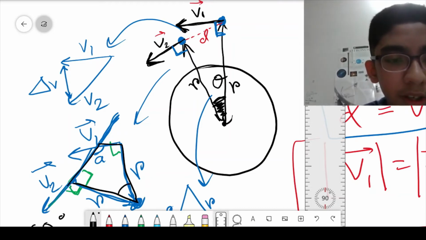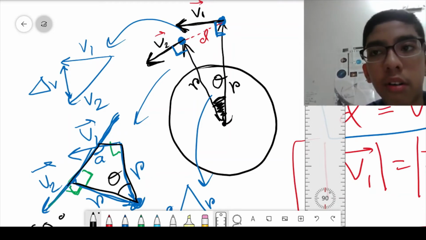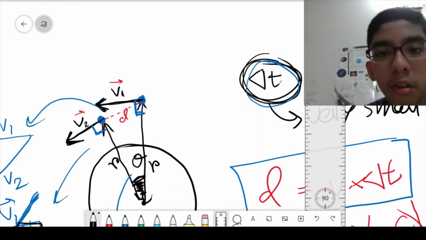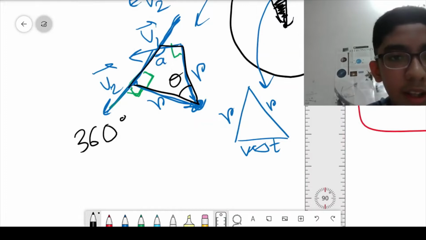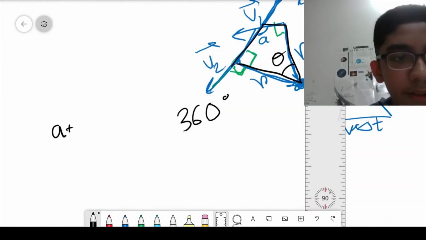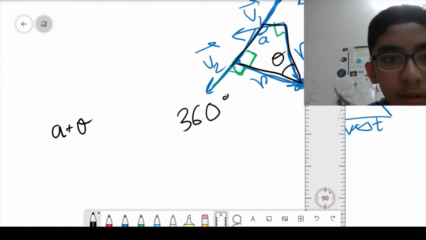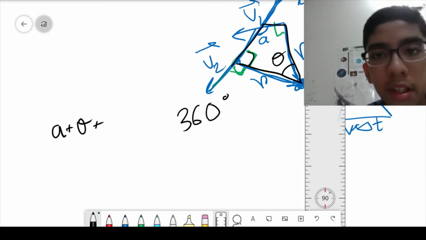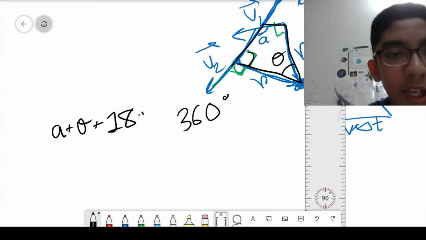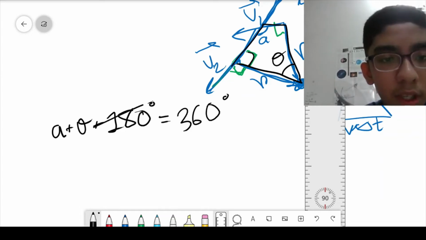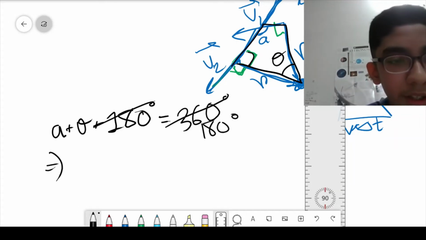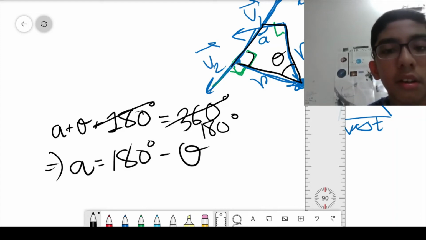So this will be theta, the angular distance it has covered in delta t time. So we can say that alpha plus theta plus this will be 90 degrees and this will be 90 degrees, which is 180 degrees, equals 360 degrees. Or we can say that alpha plus theta will equal 180 degrees, or alpha will be equal to 180 degrees minus theta.